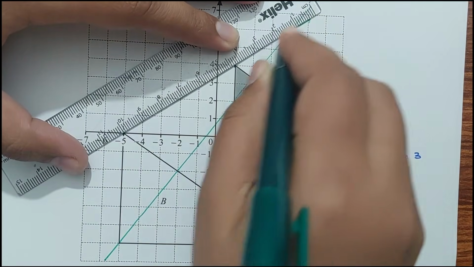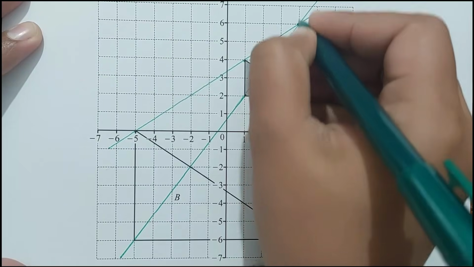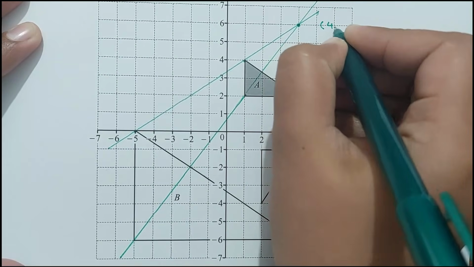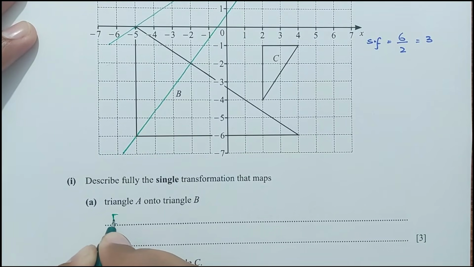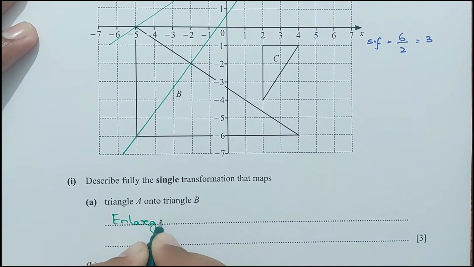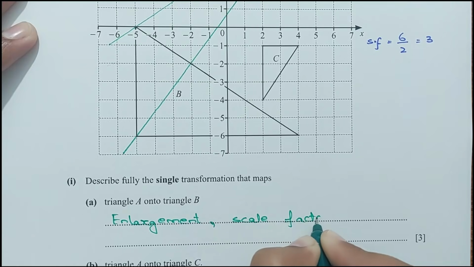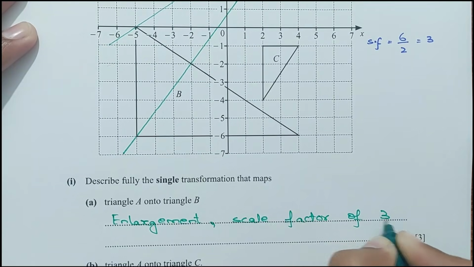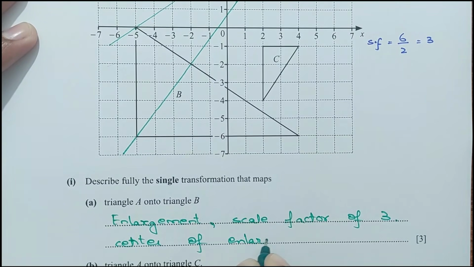So both pass through the point where x is 4 and y is 6. 4, 6 is the center of enlargement. So this is an enlargement with a scale factor of 3, and the center of enlargement is 4, 6.